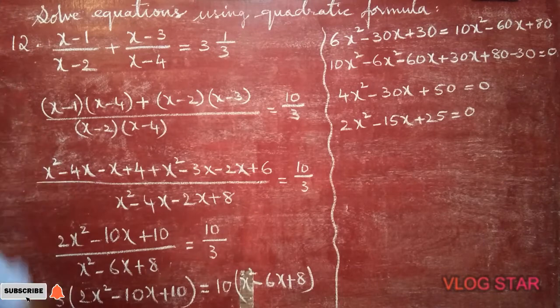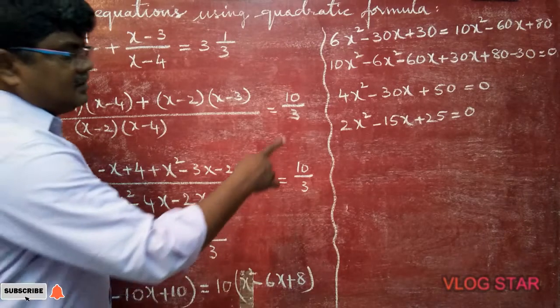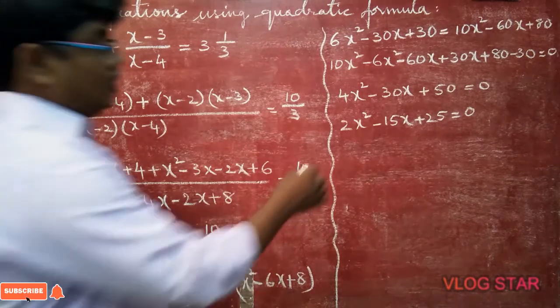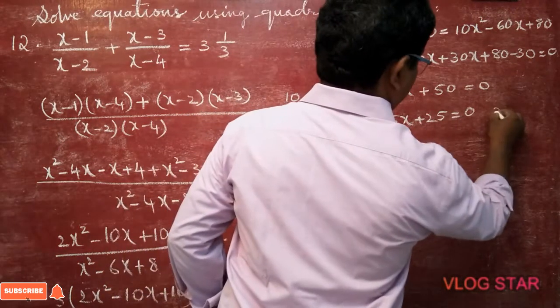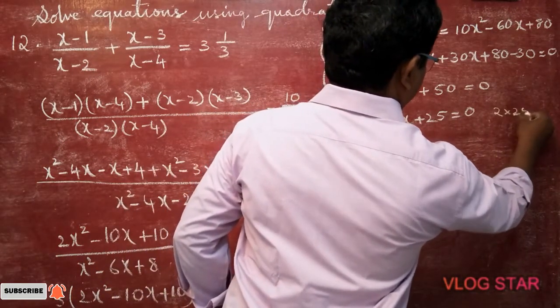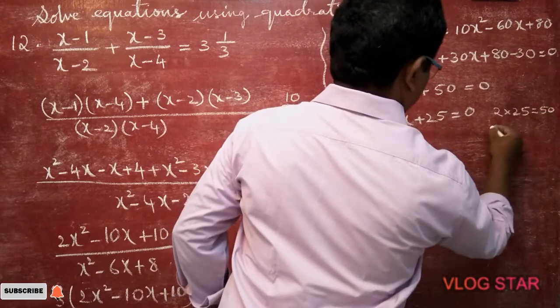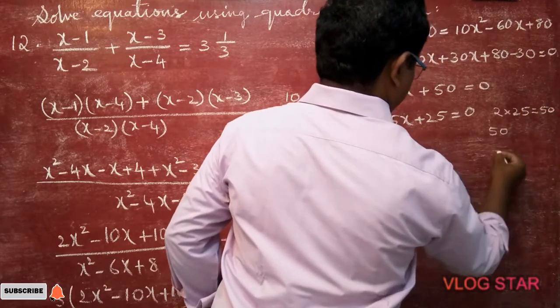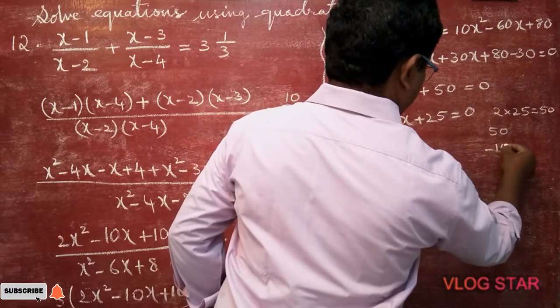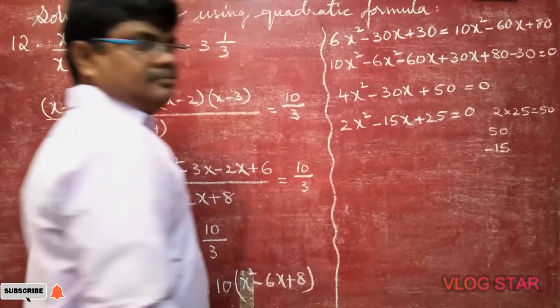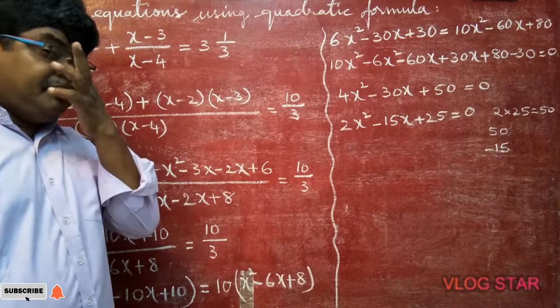Now, for which number do we have to find factors? 2 into 25, 2 25s are how much? 50. We have to find factors for 50. When we multiply, 50 should come; when we add, minus 15 should come.